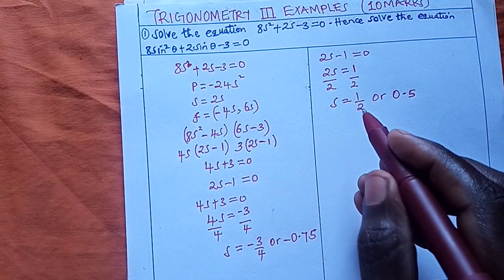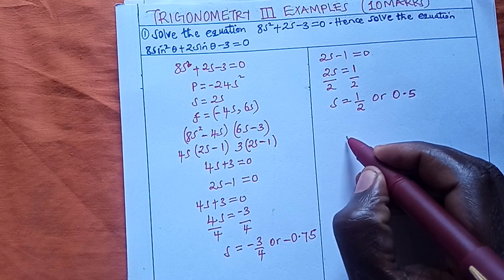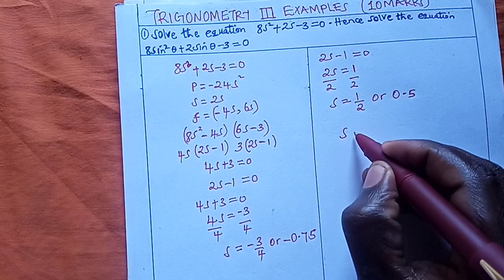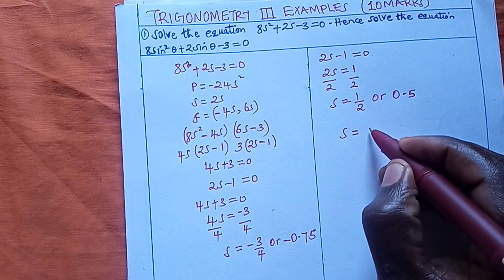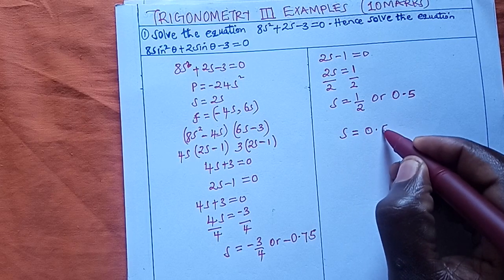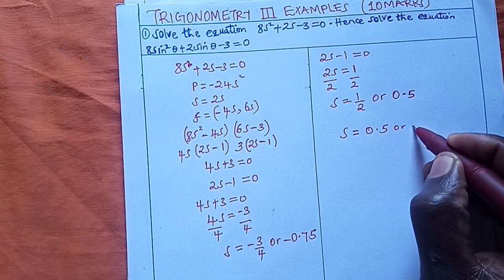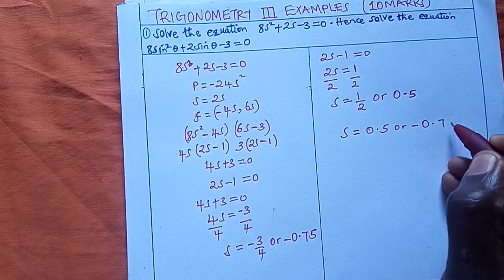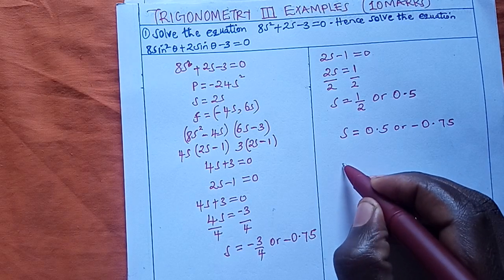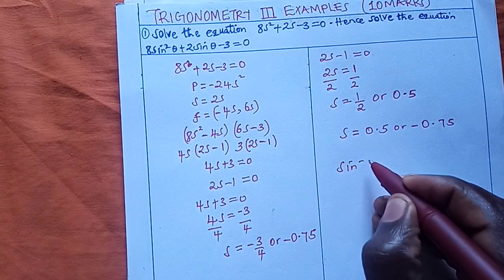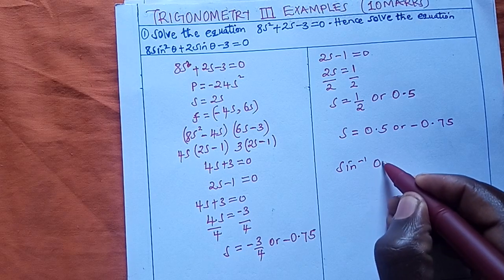In the second part, we are going to write the two values for s and say s is either 0.5, or negative 0.75. Now we want to find the sine inverse of 0.5.